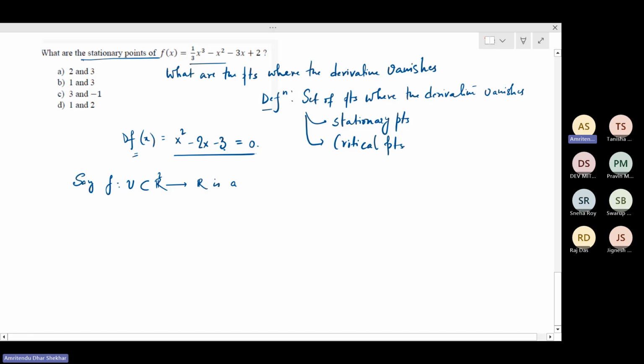Of course, when I'm saying function over here, you have to understand that it is a function where you can take derivatives. We discussed the existence of derivatives in the previous tutorial. So f is a function that, of course, admits derivatives. Otherwise, there's no question of talking about derivatives in the first place. So f is a function from U to R.